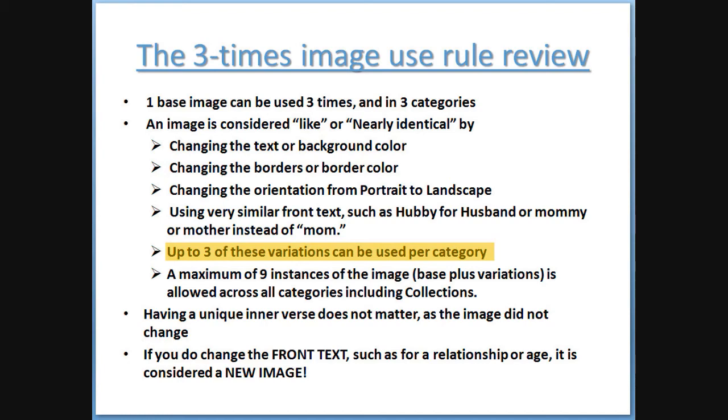Up to 3 of these variations in any combination can be used per category. A maximum of 9 instances of the image, which is the base image plus any variations, is allowed across all categories, including collections.